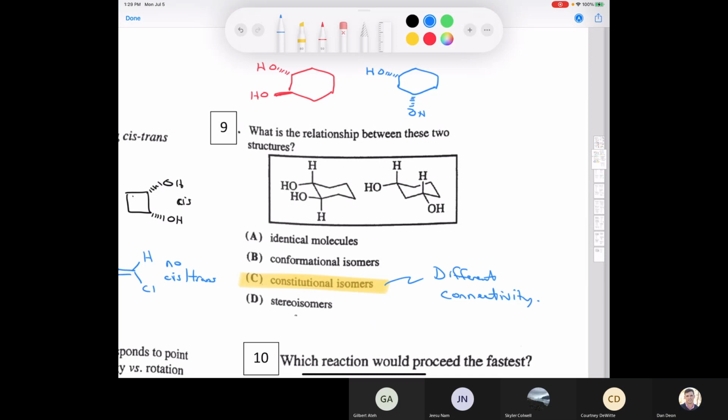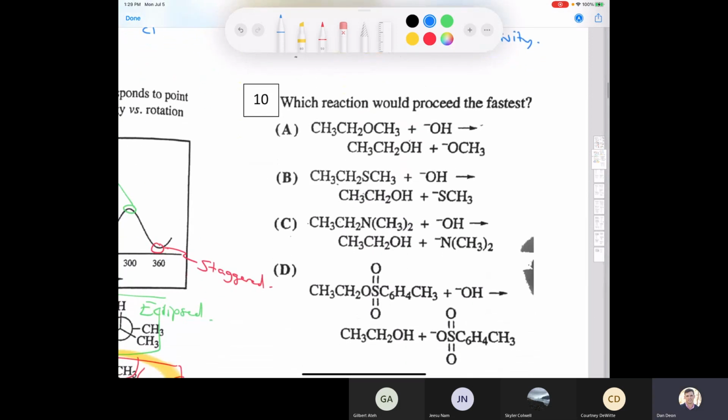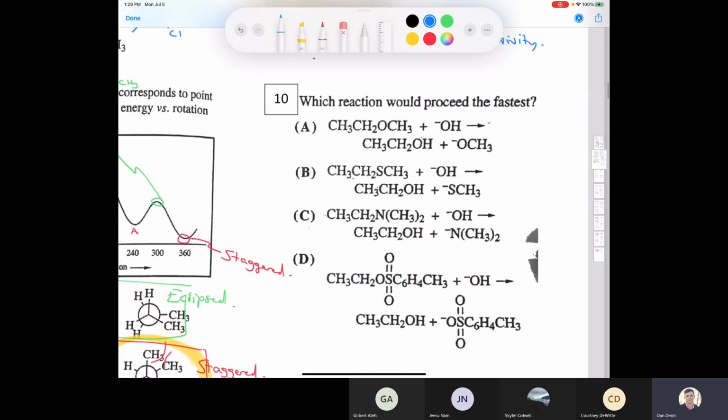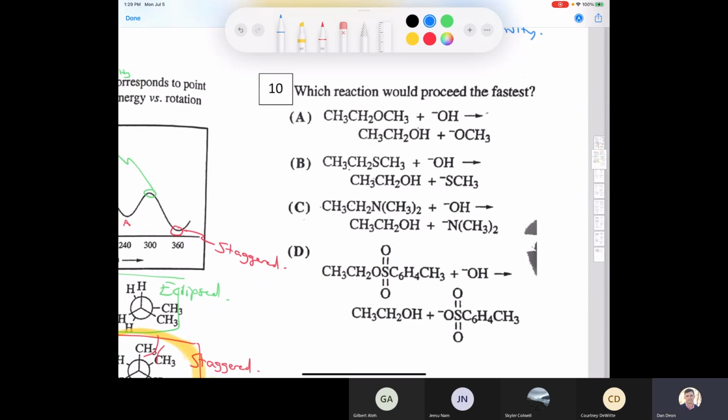All right, let's move on to question 10, and this deals with nucleophilic substitution. It says which reaction would proceed faster? So we get a bunch of reactions here. We've got an ether reacting with hydroxide to produce ethanol and methoxide. So that would have to be a nucleophilic attack on this carbon, and you'd have to lose the methoxy group.